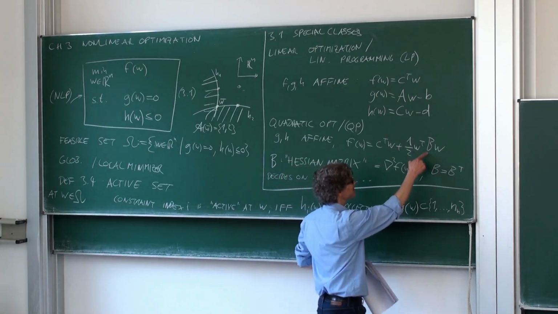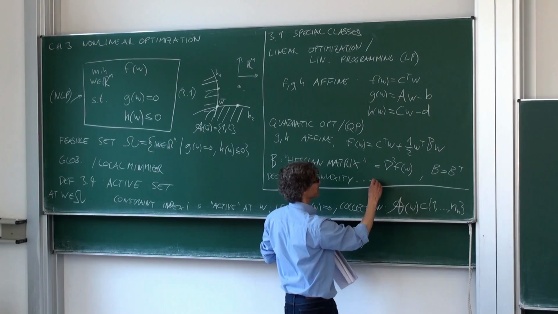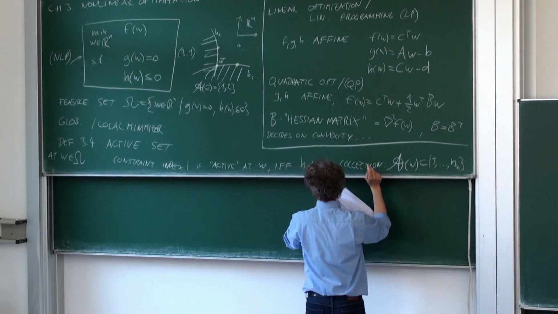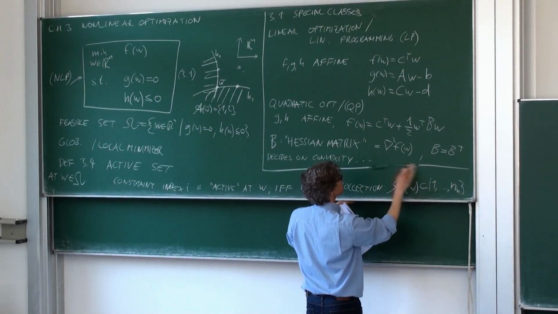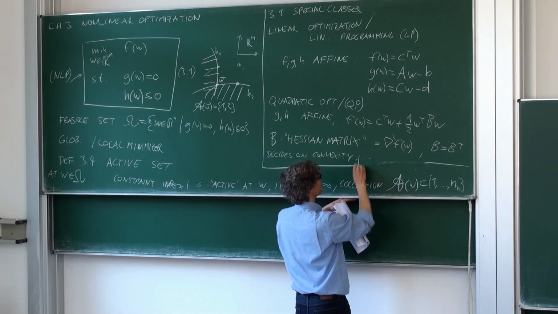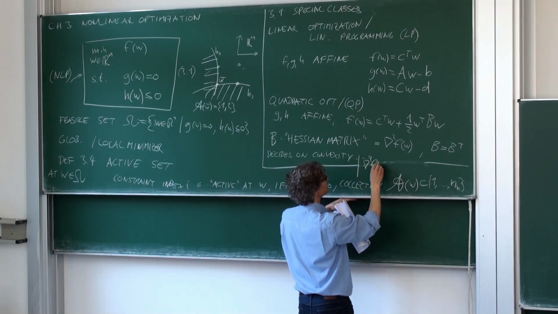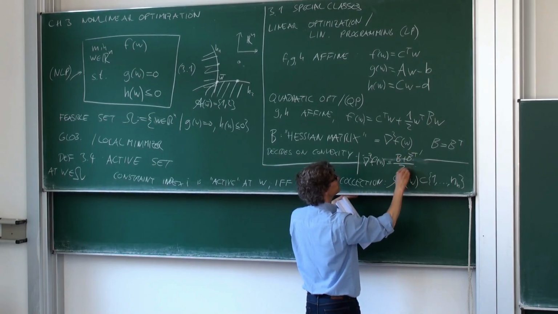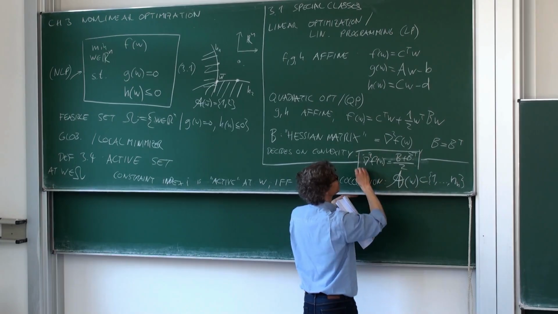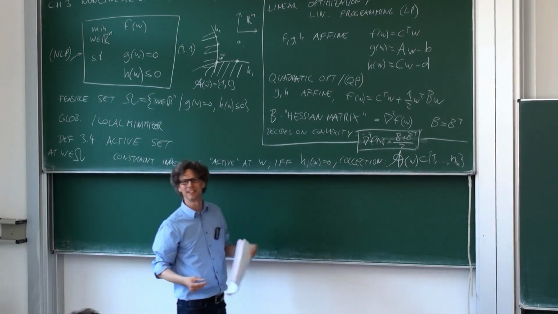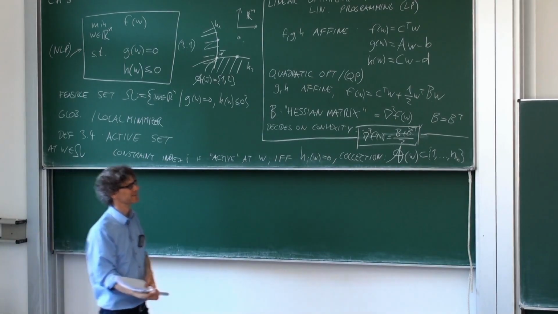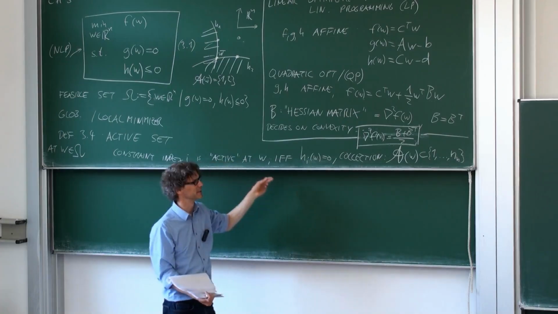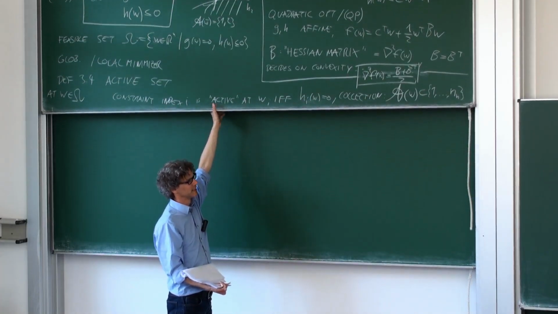And if this would not be symmetric, then you could compute the Hessian matrix, and this is a side remark, so maybe I just put it somewhere very small here. The side remark is that if you do it without assuming symmetry, then you would get just one half of B plus B transpose, which is the symmetric part of B. So that would be the correct way to differentiate it for any matrix B, but because it's anyway the symmetric part that survives, we will directly assume it to be symmetric, and that's it.